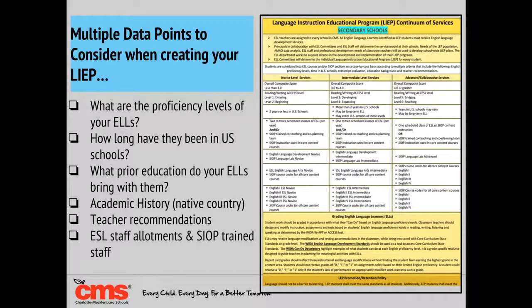It looks at things like proficiency levels, how long they've been in the schools, what their prior education and academic history is, along with teacher recommendations if they're coming from within the United States or from another school in CMS. This is basically a framework. Each student is an individual, so you take this framework and then use their information to create the best schedule for them. For instance, this is based on the WAPT score.